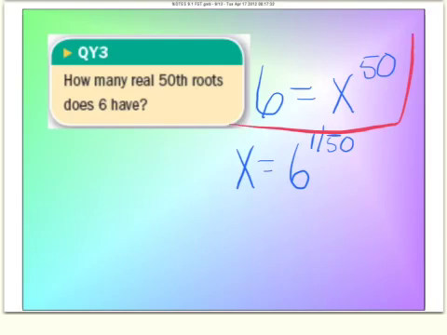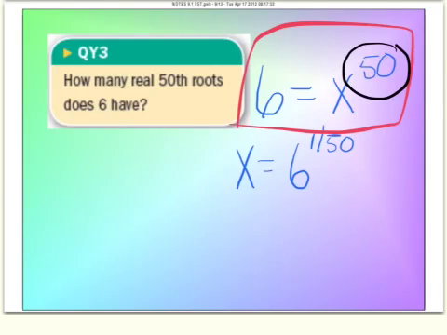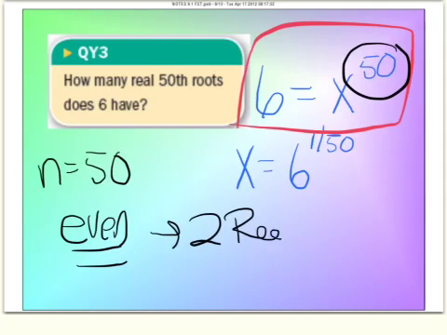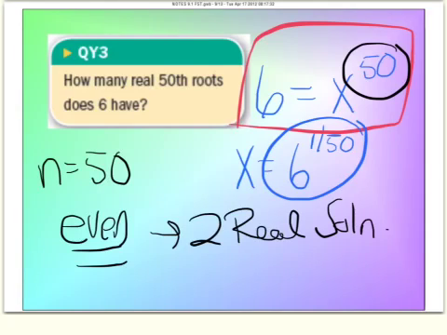But what you need to realize is this number right here, the 50th power. In this case, n is 50. Well, n is an even number. If n is an even number, it has 2 real solutions. So when you put this in your calculator, it's going to give you one of them.